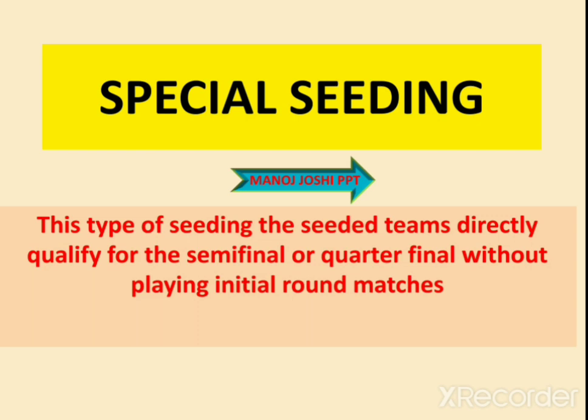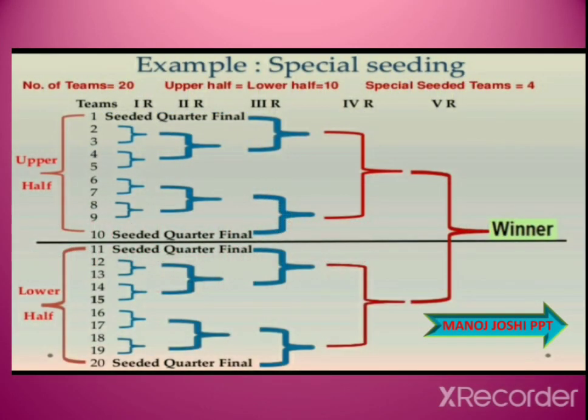Special seeding is always done only for 2 teams or 4 teams. In this case, when we are doing special seeding, no byes will be calculated; only the special seeded teams get byes, because that is why they are qualified for the semi-final or quarter-final.